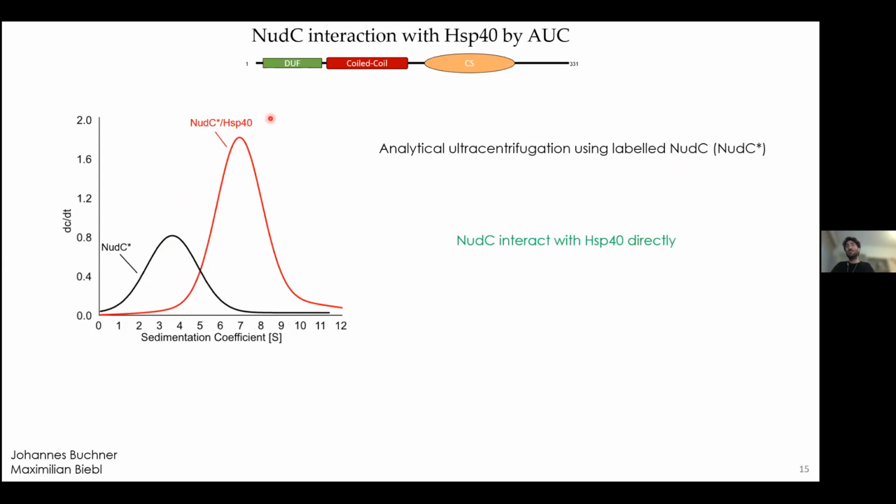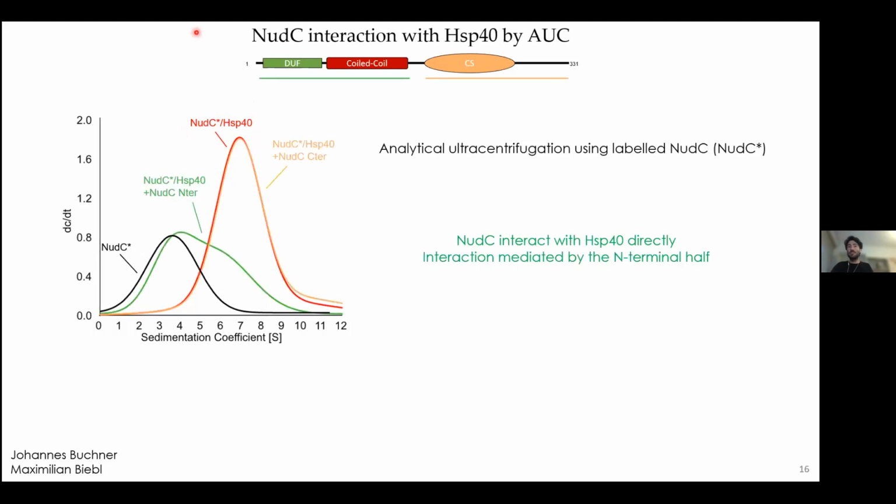And from there, since we have a complex in which we can follow NOTC bound to HSP40, we can try to do competition with unlabeled protein and see what happens to our full-length protein. So we did this with fragments of NOTC. We just cut the protein in 2 halves and looked at the interaction. When we add the C-terminal half of NOTC, we see that the complex between labeled NOTC and HSP40 is not disturbed at all.